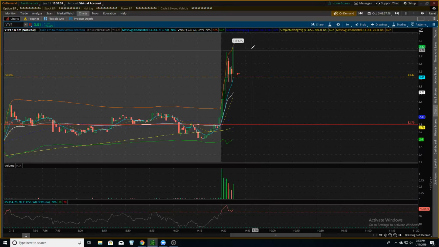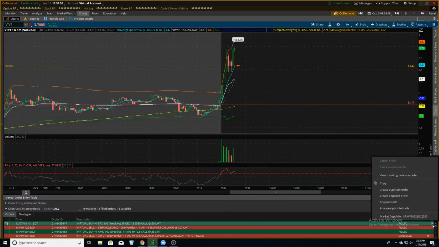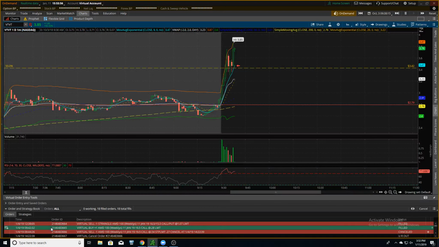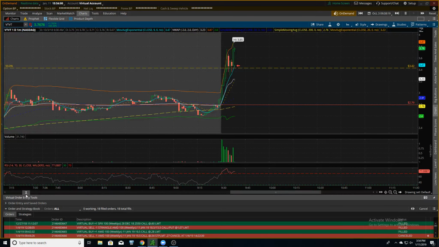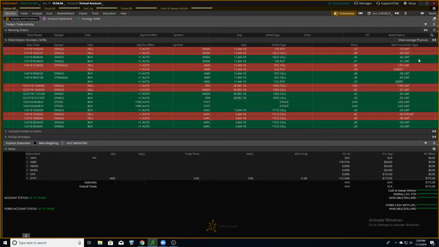Sell. See, I'm very used to having my hotkeys set up, so I can just slap my hotkey. Let's go over here to order template. We virtually bought the, or no, that's the SPXs. Well, just make it simple. Come here to the monitor tab.